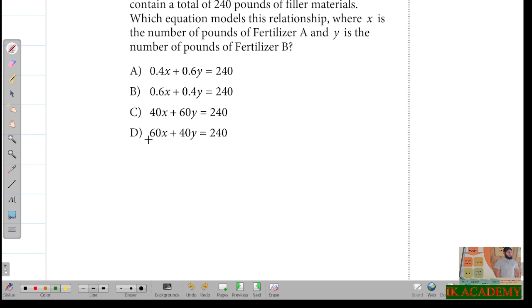It is given that the fertilizer contains 60% filler material by weight, and because the weight is in x pounds, we can represent the 60% with x.